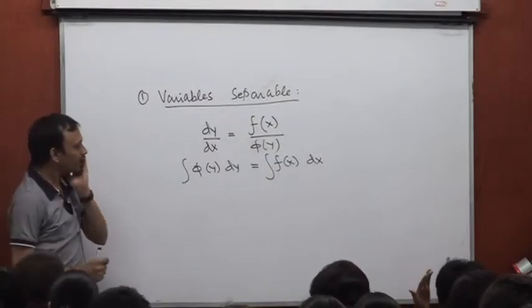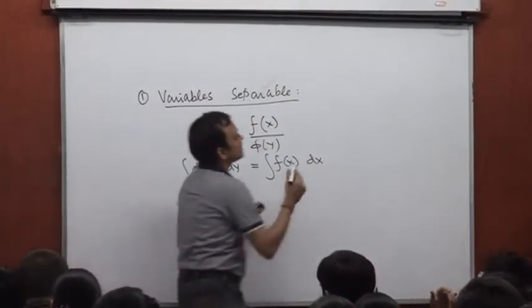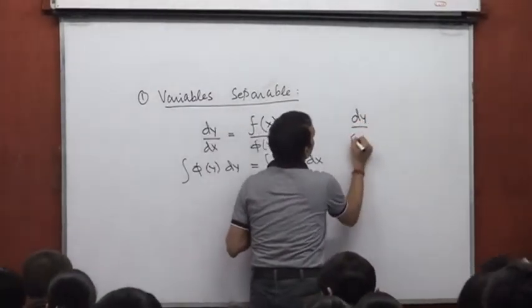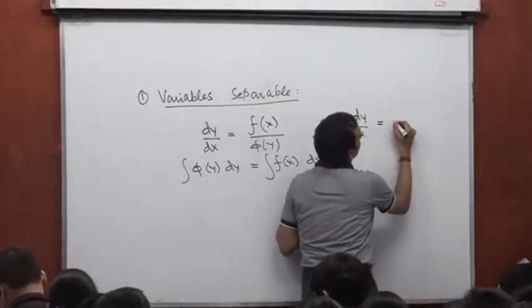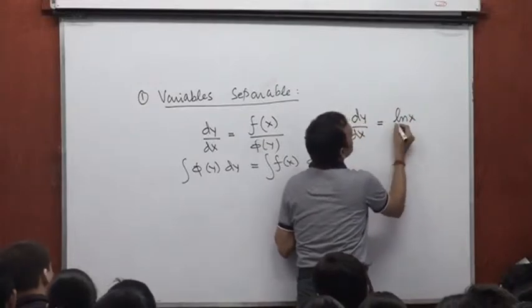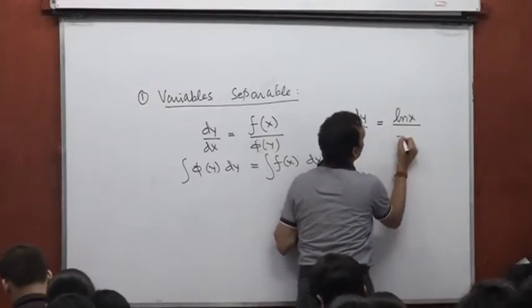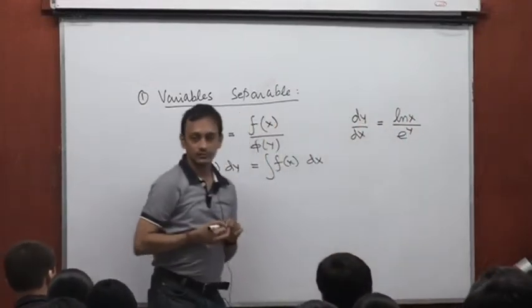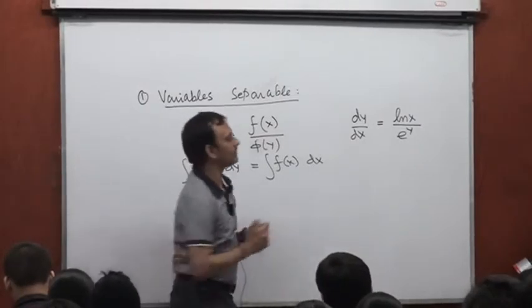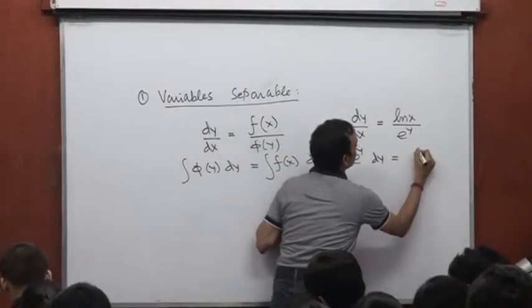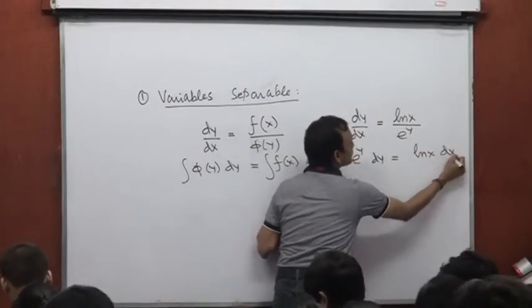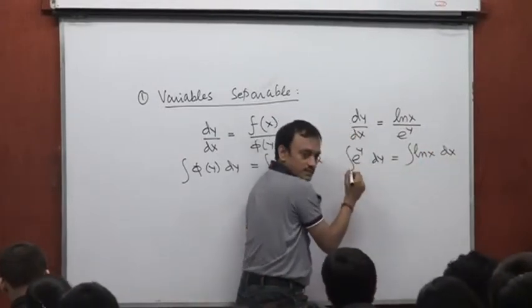Alright. So something like dy/dx equals ln x by e power y, for example. Variables are separable here because I could write this as e power y dy equals ln x dx, and I can integrate this.